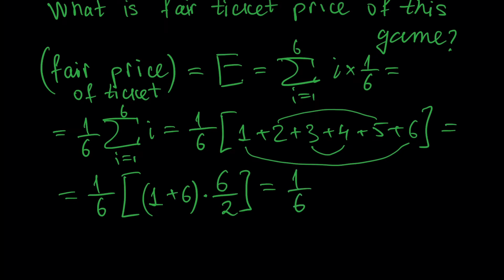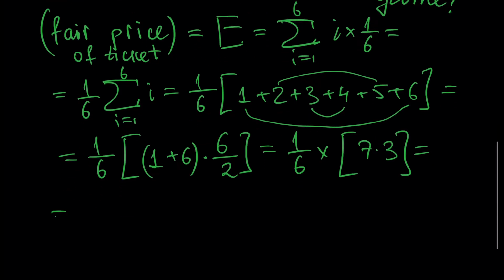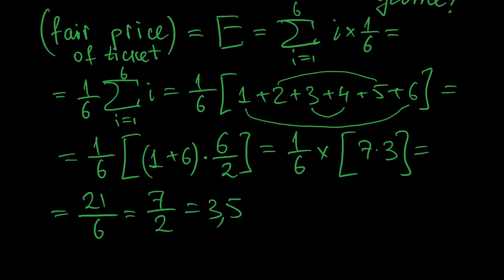And this will be 1 over 6 times 7 times 3, which is 21. The answer is 21 over 6, or 7 over 2, which is 3.5.